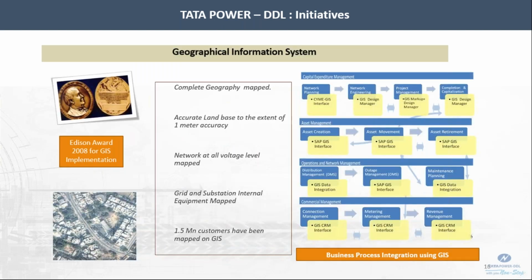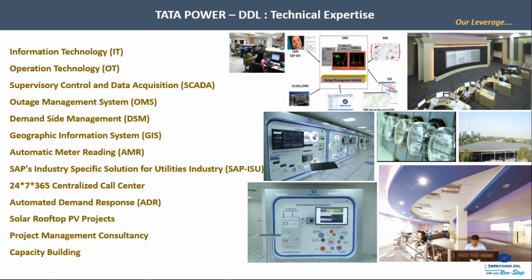The next slide is again the 70% revenue coming from the remote metering system. This 55,000 has now gone up to around 90,000. GIS system, as I said, next slide, is the base for all our systems. We use even the network planning application, the SIMDIST, which uses the GIS system.